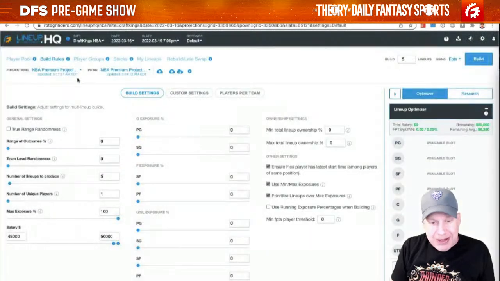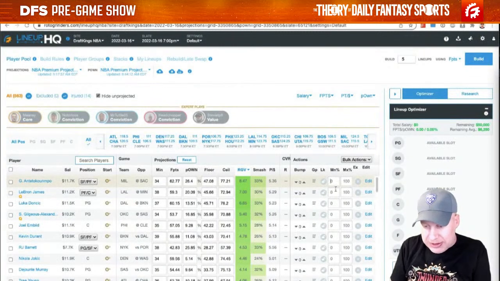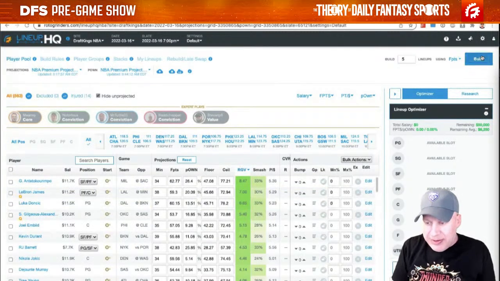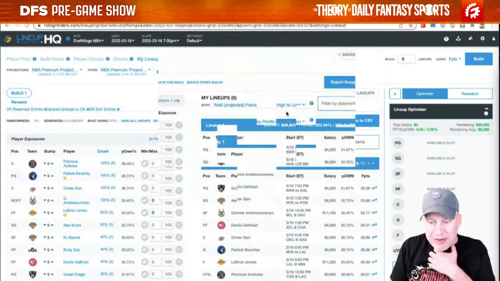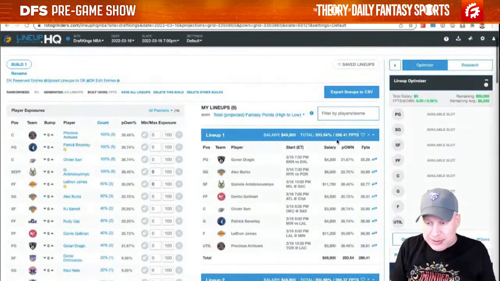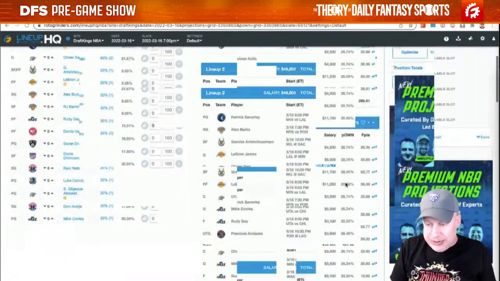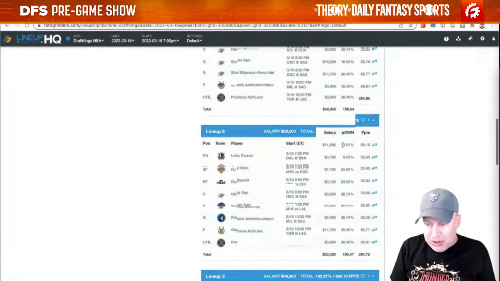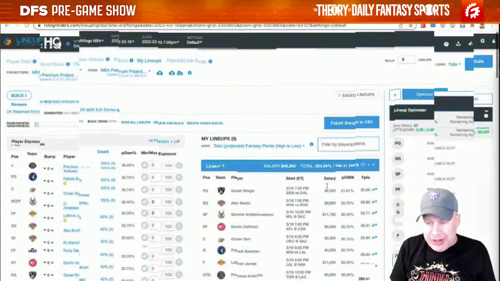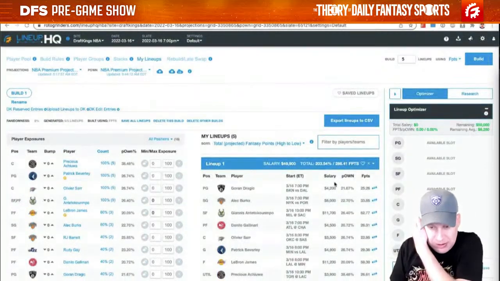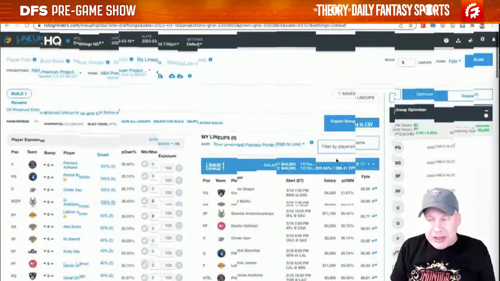Okay, I got to modify my player pool. I already put this in 0, 0, 0. Fine, give me 5 lineups. Okay, so here are 5 lineups, the highest projected lineups: 286, 285, 284, 284, 284. Who cares about the ownership? So here are the 5 best projected lineups.